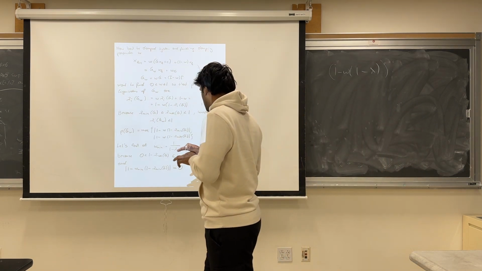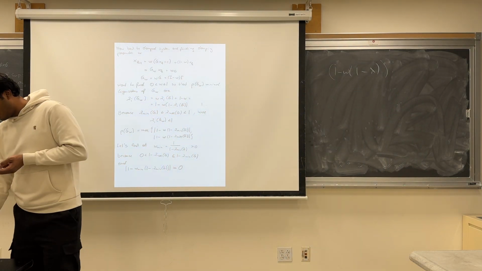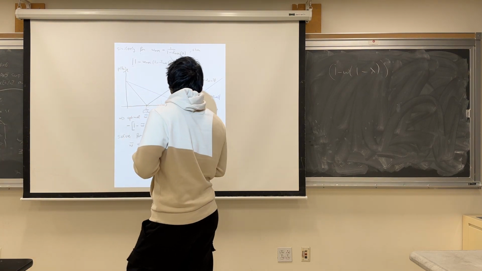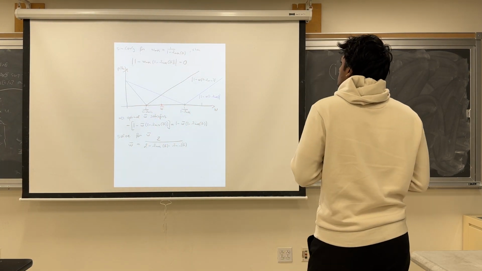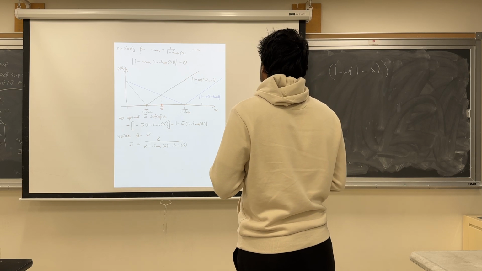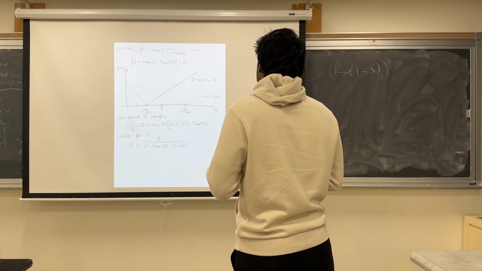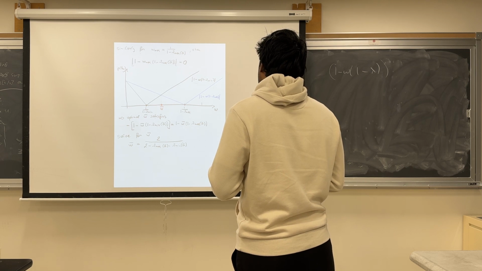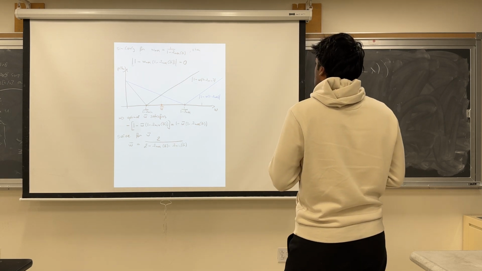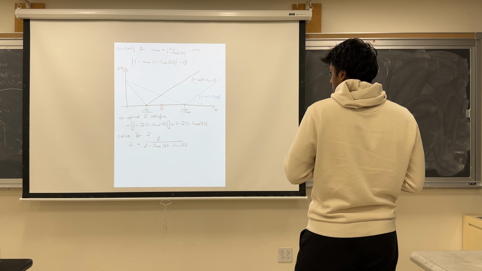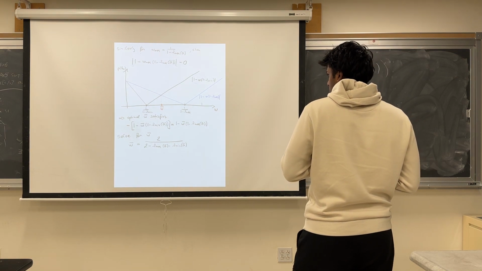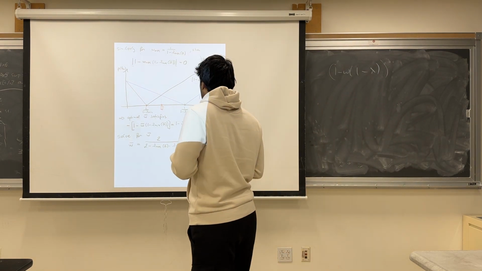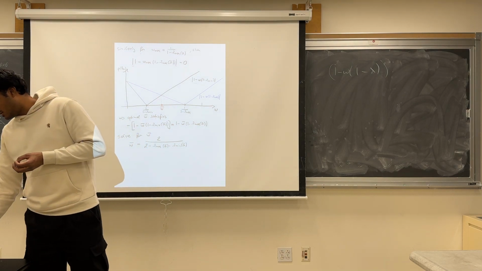I don't understand this. Solve for omega max is 1 minus lambda max. Okay, I see.